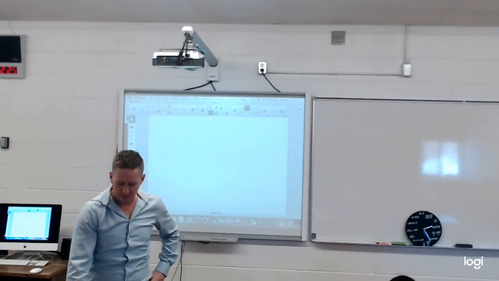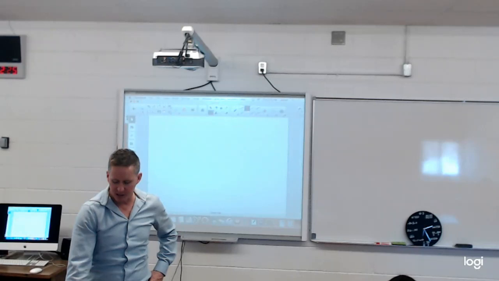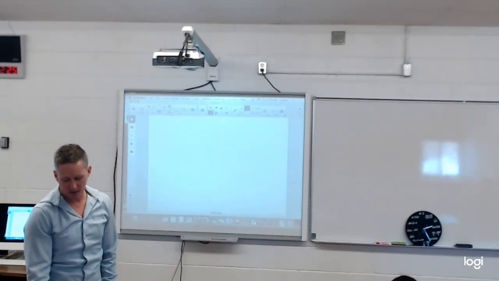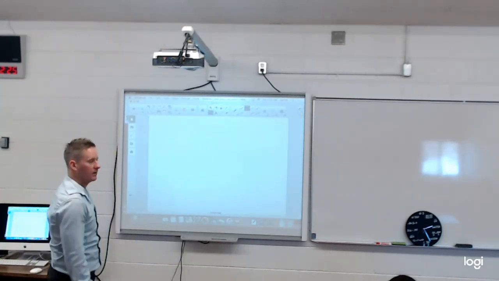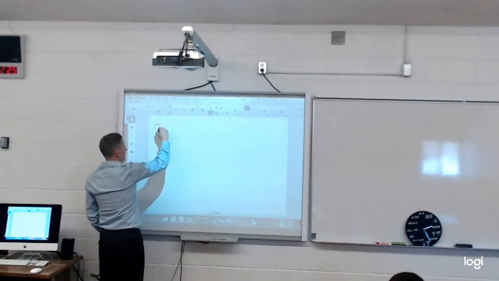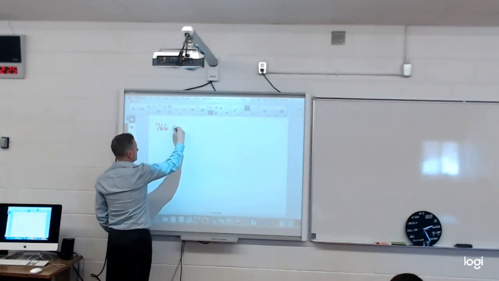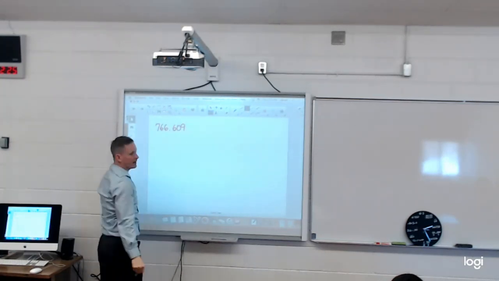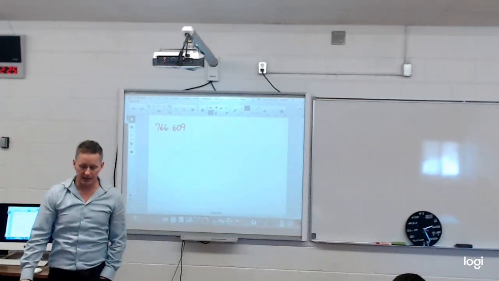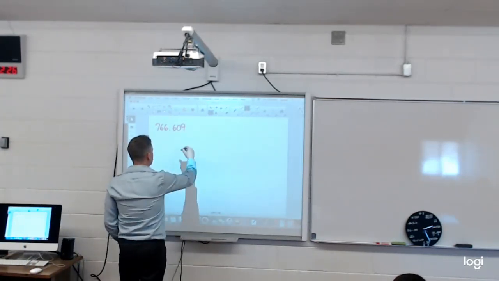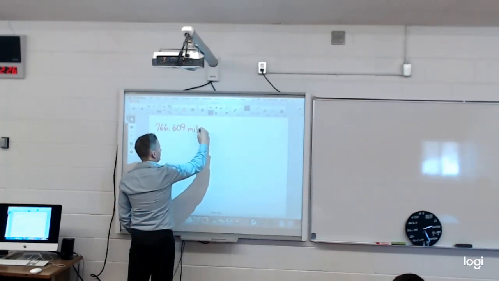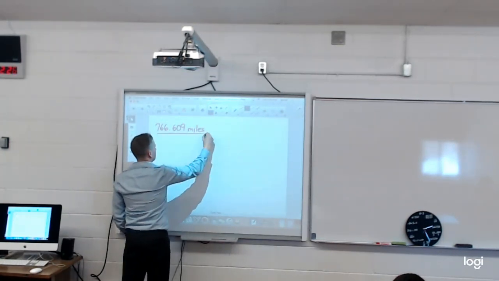A turbofan-powered car holds the current record. The car reached a speed of 766.609 miles per hour for 1 mile, breaking the sound barrier.